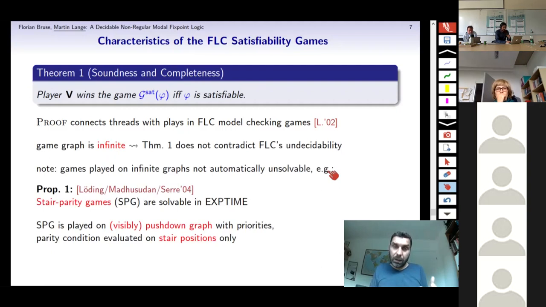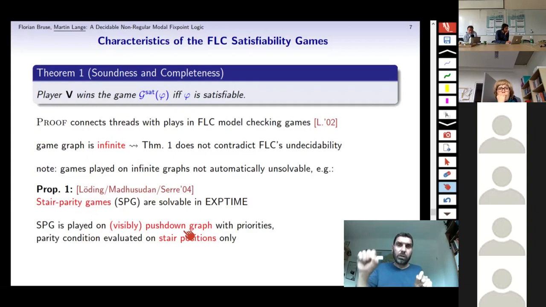In fact, there are classes of games played on infinite graphs which are solvable, for instance stair parity games, which are solvable in exponential time. A stair parity game is essentially a parity game played on a visibly pushdown graph, a graph of a pushdown system, with a certain extra condition.